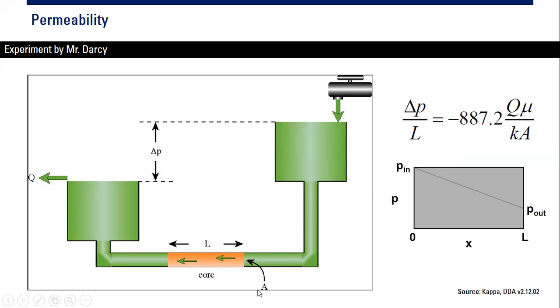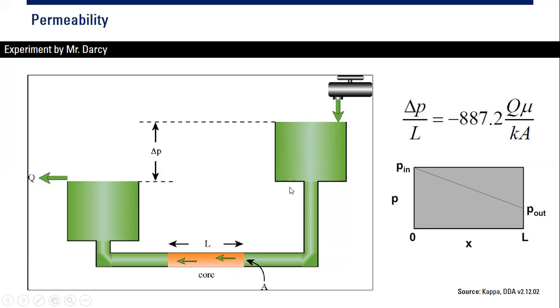And this is the area of the pipe, okay, area of the pipe. And here we can put a core or rock with length of L. And from the right tank, we flow fluid, for example, maybe water, okay, with viscosity that we know. And then we measure the flow rate here.